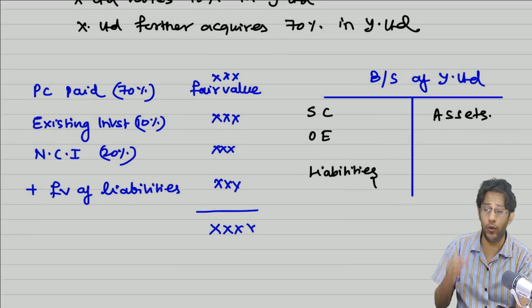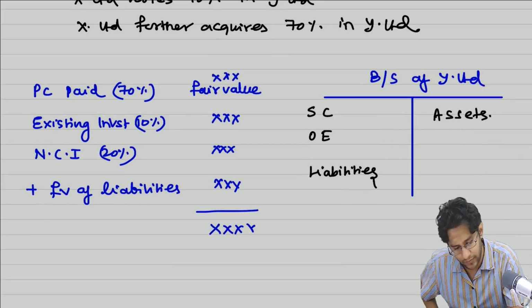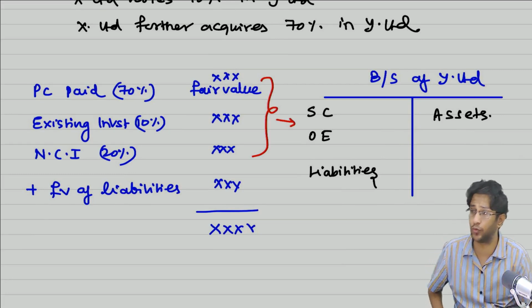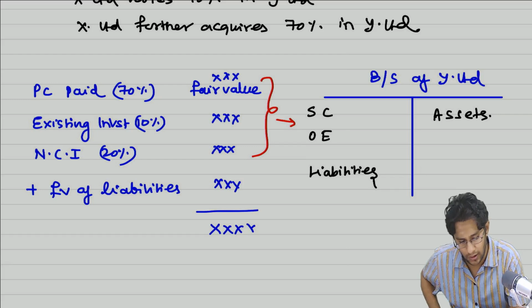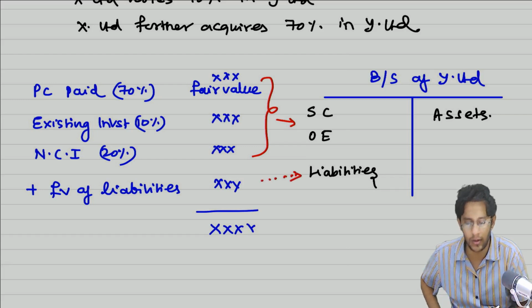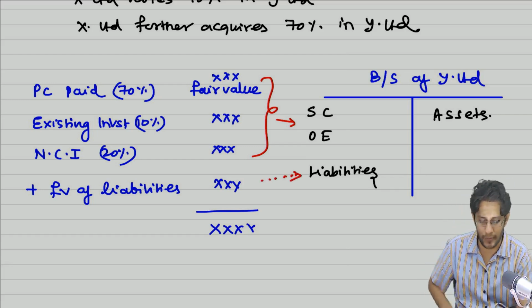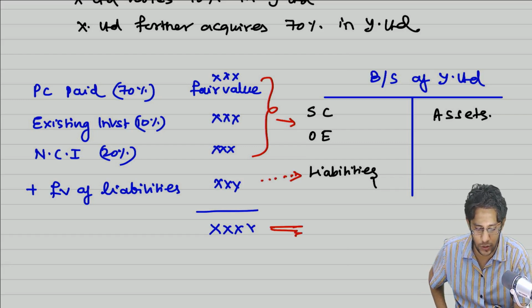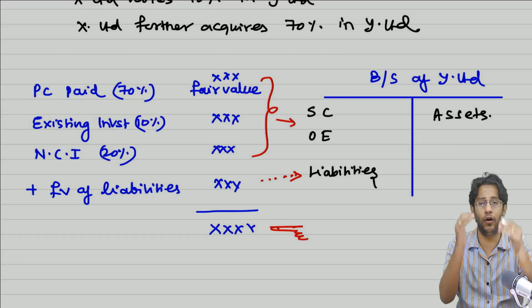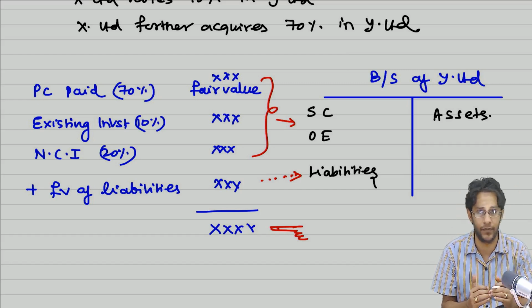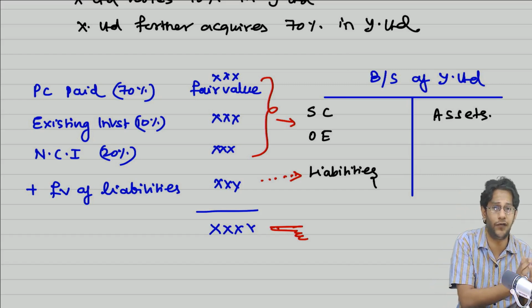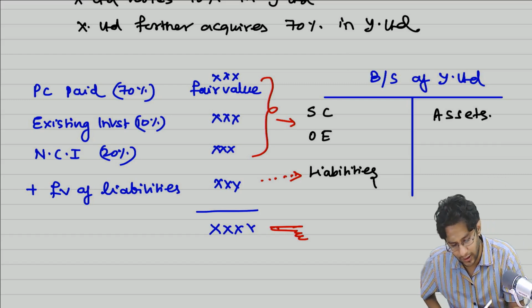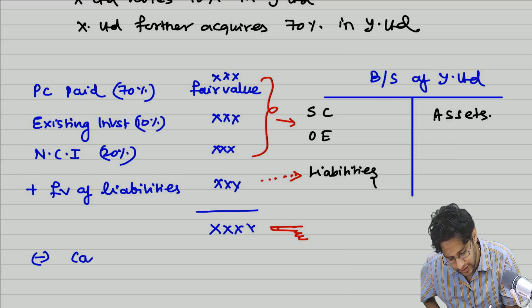So guys, by doing this calculation, these three put together give the fair value of these two, share capital plus other equity. Liabilities here I am adding. So this entire number is virtually representing the fair value of the entire equity and liability side, which also should be the fair value of the asset side. So what we do is, from this we remove cash and bank balance.